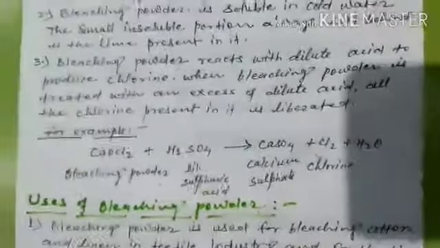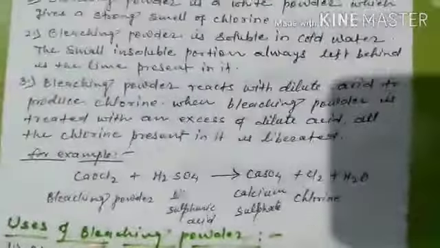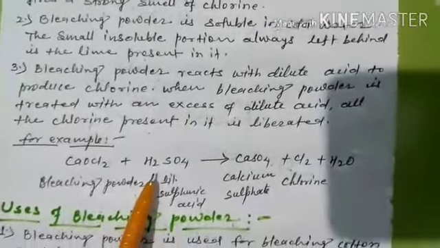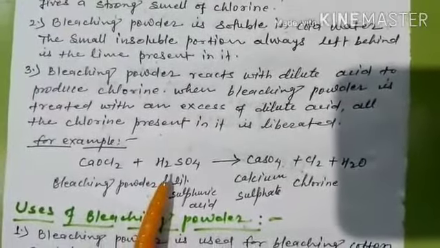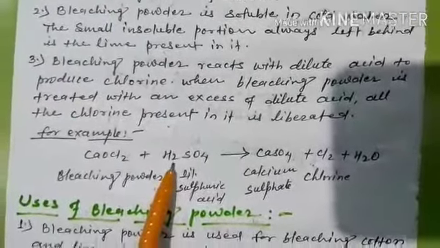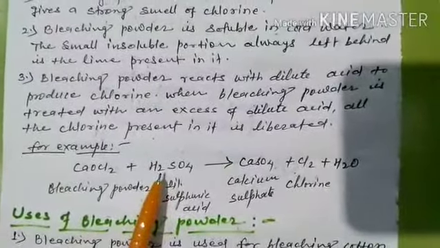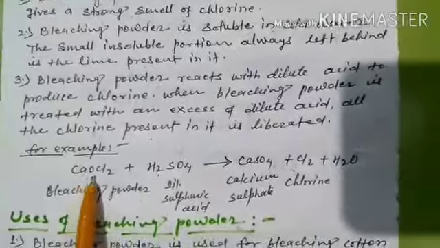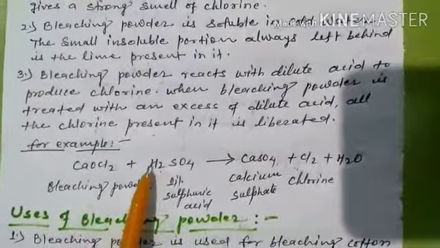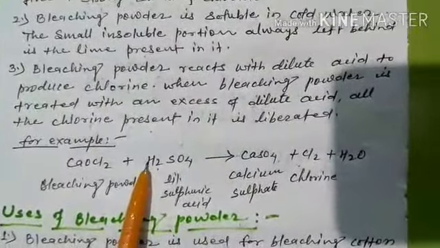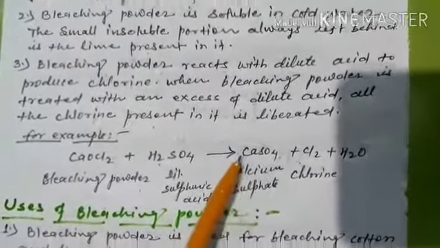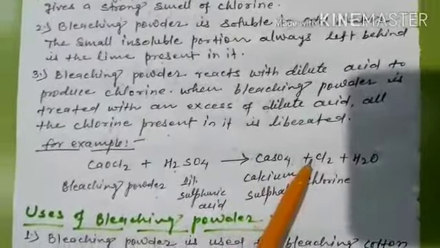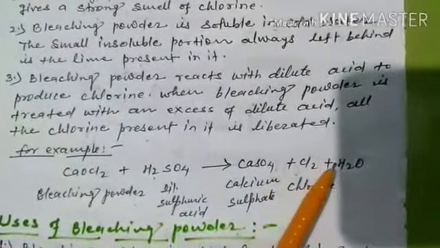So dear students, when bleaching powder, meaning CaOCl2, reacts with excess dilute acid, here we use sulfuric acid, so when calcium oxychloride or bleaching powder reacts with excess dilute sulfuric acid, it gives calcium sulfate, chlorine gas and water.